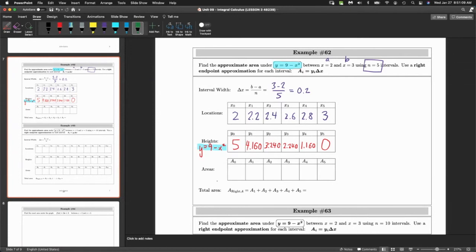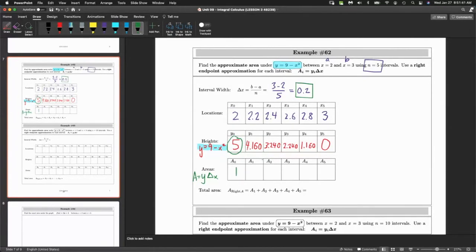So anyway, to get the area, you're going to take the y value and multiply it by delta x. So the area is going to be y times delta x. If you do that here, let's take 5. What's 5 times 0.2? Well, that's just 1. I'll put a box there.